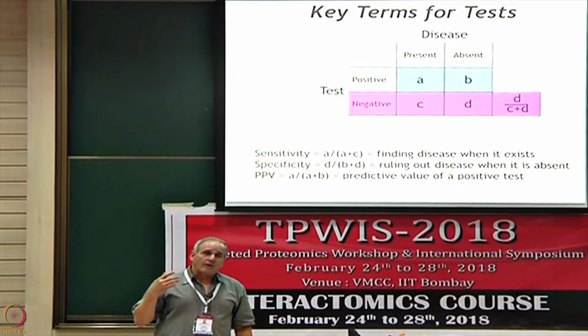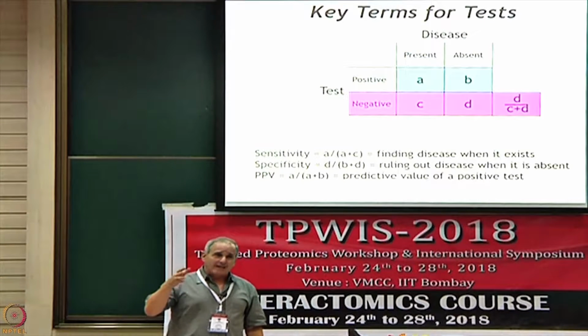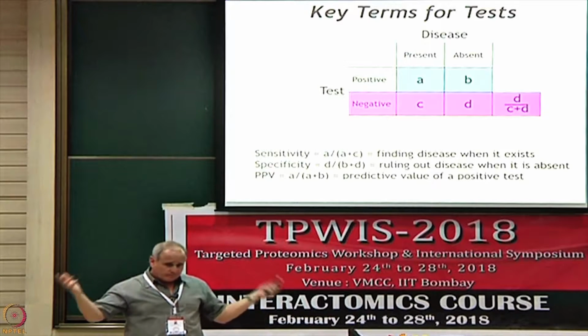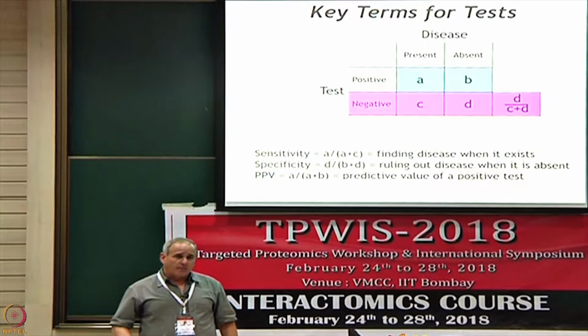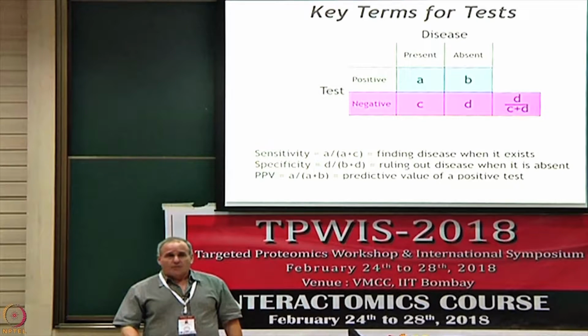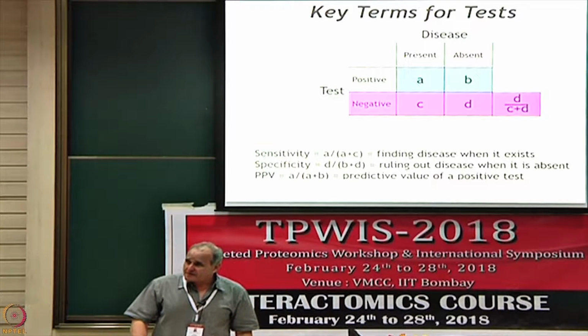This is what we call the negative predictive value. So if we did a test for cancer, or we did a test for birth defects in your child, how sure are we that you don't have cancer, or your child doesn't have birth defects, right?